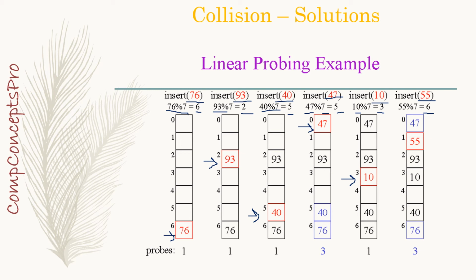So we have to start searching for the available empty slot from the starting of the hash table. So index position 0 is also occupied. So we'll move towards the next available index position, which is index position 1, and we can store our key 55 at index position 1. So this is how linear probing works.